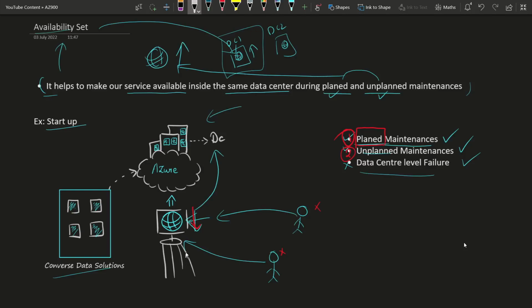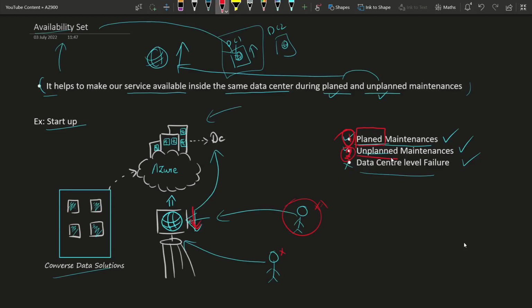If any one of those things is affected, then our server will not be available. For example, if the network cables are disconnected or there is a power outage, our server will not be available. In that case also, users are not able to access our service, because our server will be down.